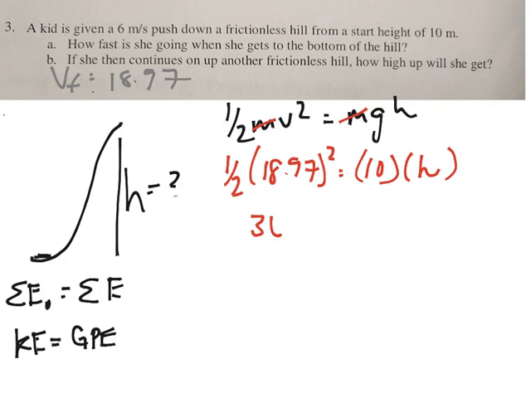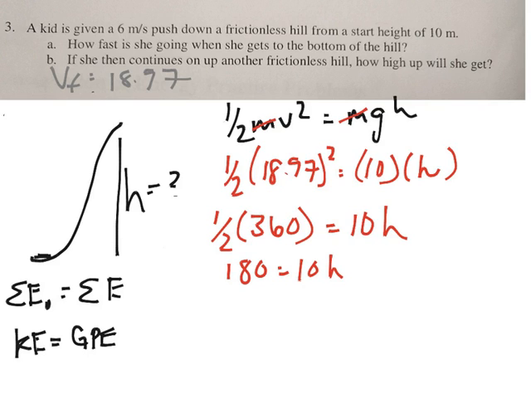Multiply this, that's 360, times 1/2 is equal to 10h. This is 180 is equal to 10h. Divide by 10 on both sides, you get 18 equals h, or 18 meters equals h.